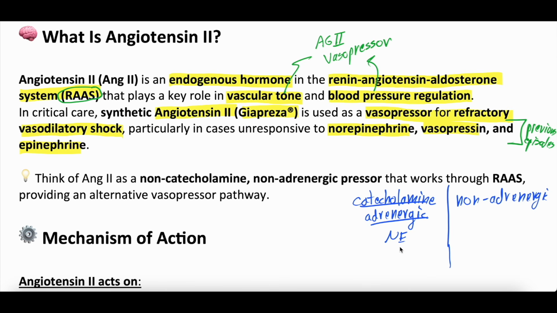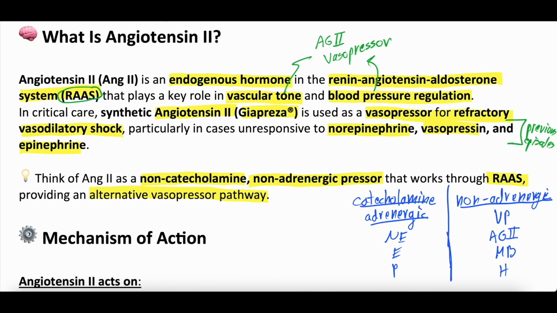These are norepinephrine, epinephrine, phenylephrine. Whereas non-adrenergic or non-catecholaminergic vasopressors function outside of the catecholamine pathways. These are things like vasopressin, angiotensin II, which we're talking about today, methylene blue, and hydroxocobalamin, which are all things we've talked about in this vasopressor series. So angiotensin II is a non-catecholamine, also known as a non-adrenergic vasopressor. It works outside of catecholamine pathways, particularly in this case the RAS pathway, renin-angiotensin-aldosterone. So it's an alternative vasopressor pathway.